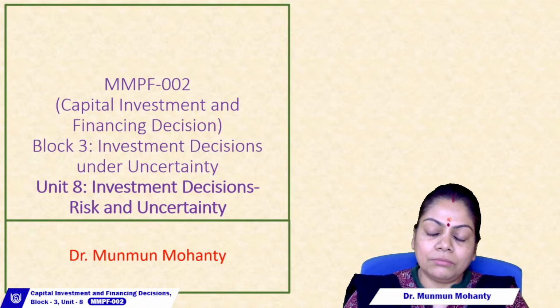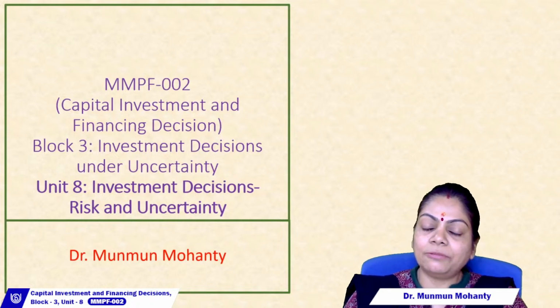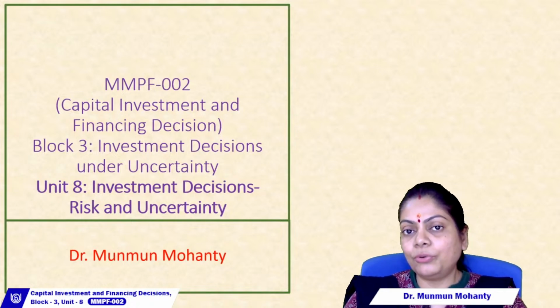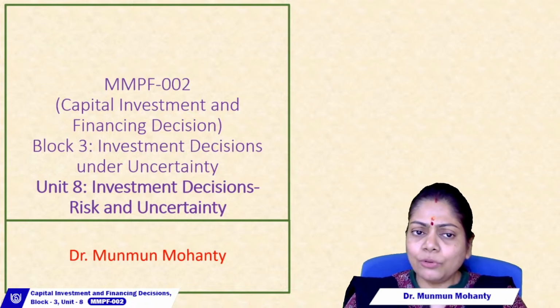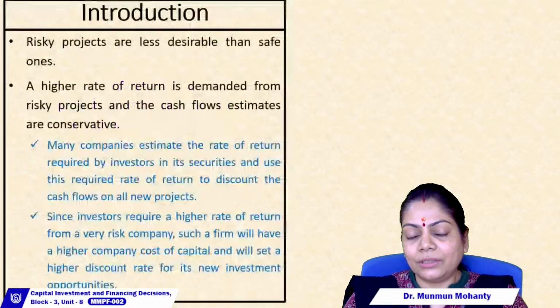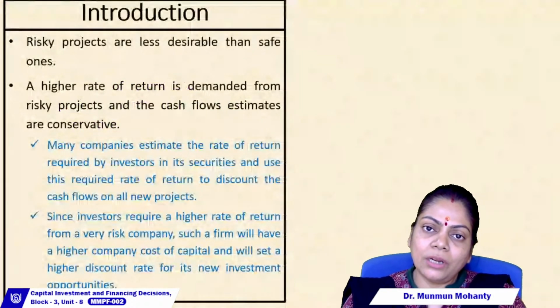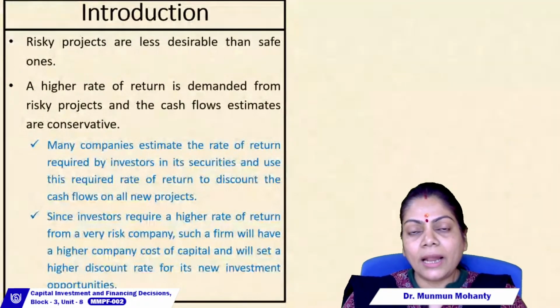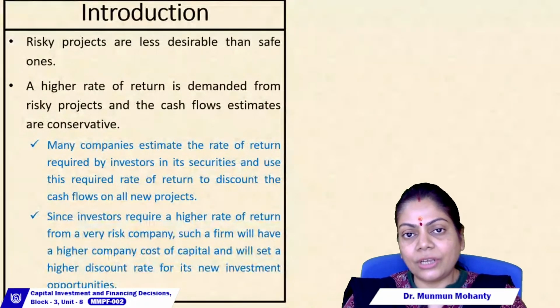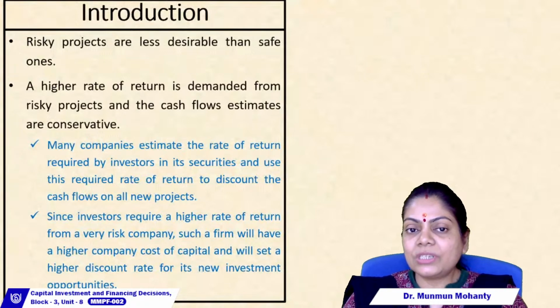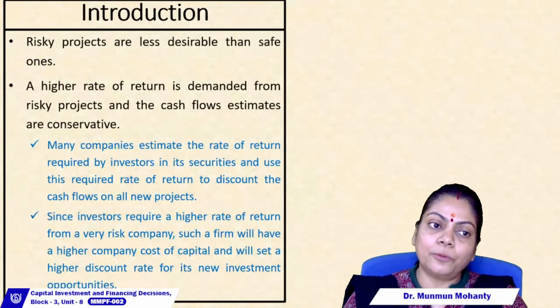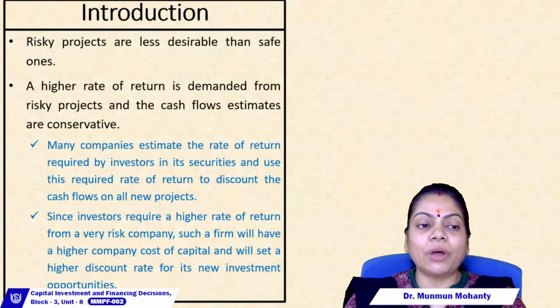Now, the managers intuitively know what to do in case of an expansion kind of project and what to do in case of a diversification kind of project. When we're talking about two projects, one is a risky one, that is the diversification one, and the other is less risky, that is the expansion one, it is always desirable to stick to the less risky project as compared to the risky one.